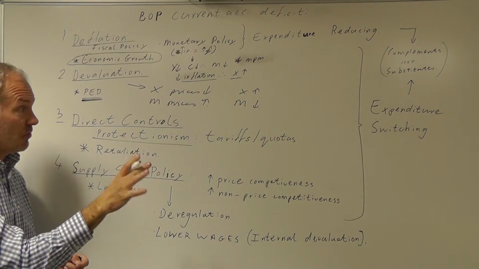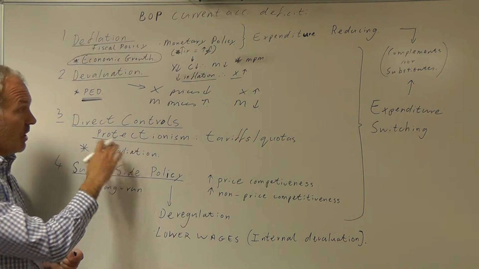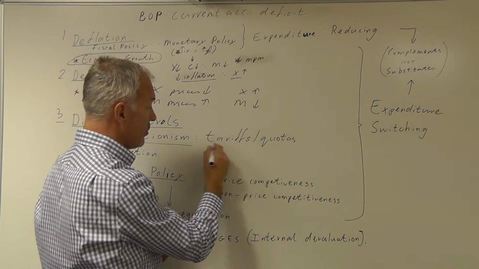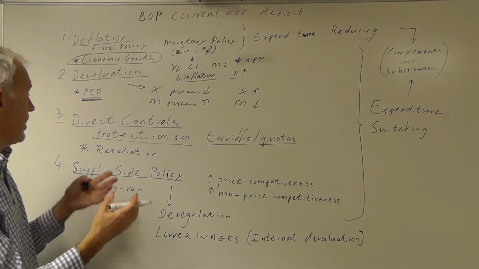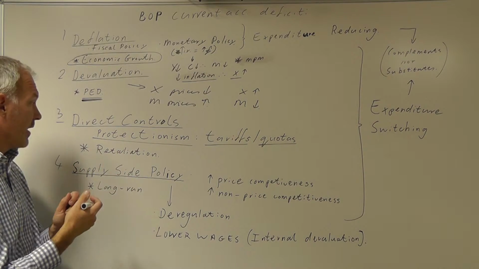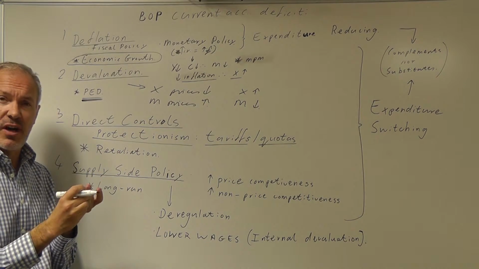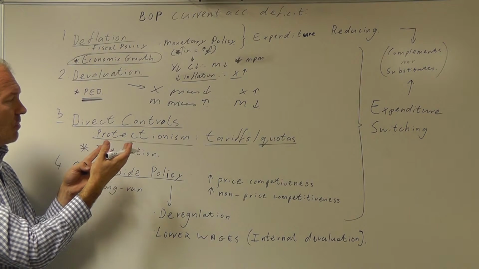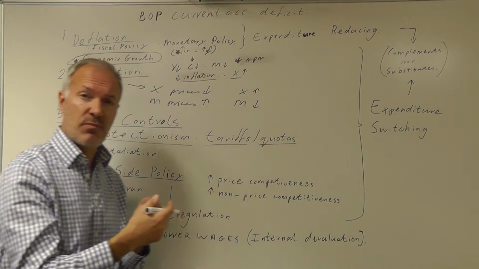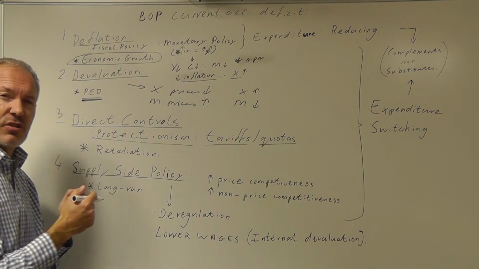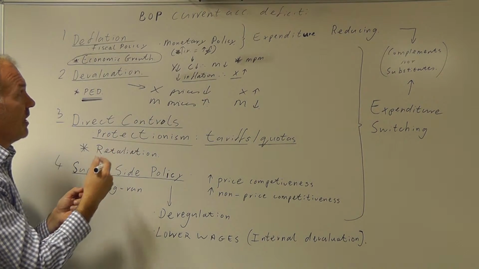You could have capital controls, but we'll not bother with those. So protectionism includes the use of tariffs and quotas. And these again can have a short-term impact and are maybe justified if you're protecting your country against dumping, where goods are being imported below the marginal cost of production in the foreign country.